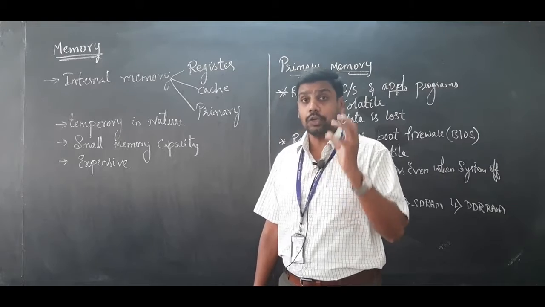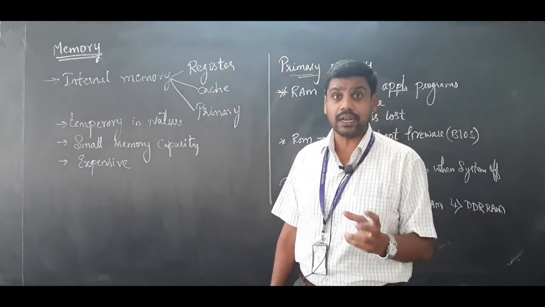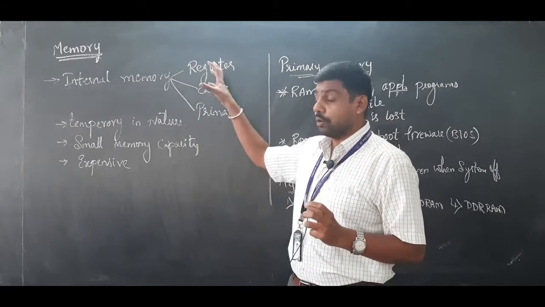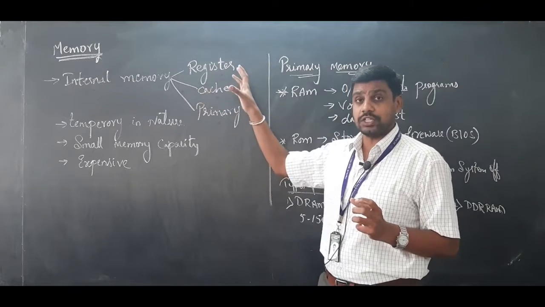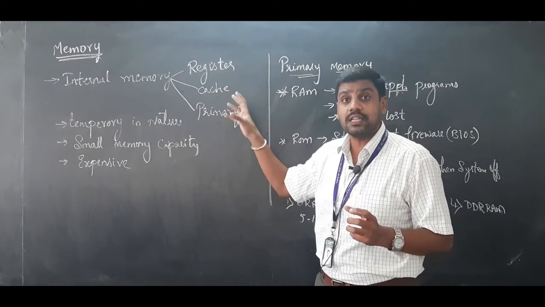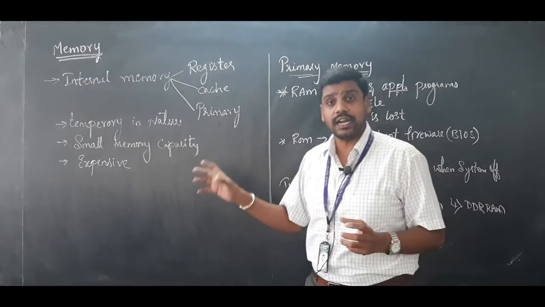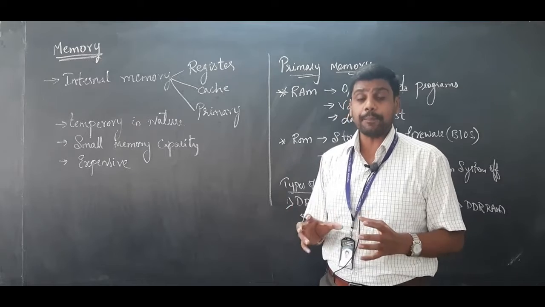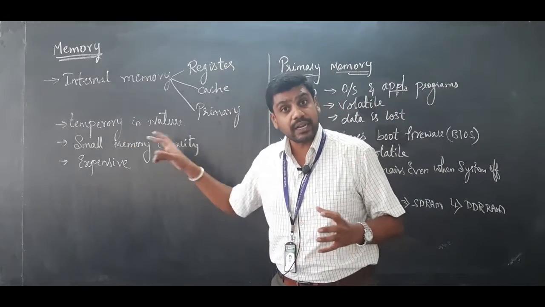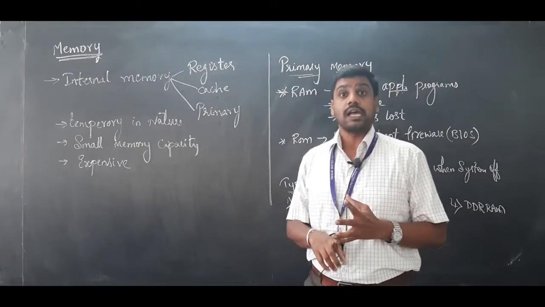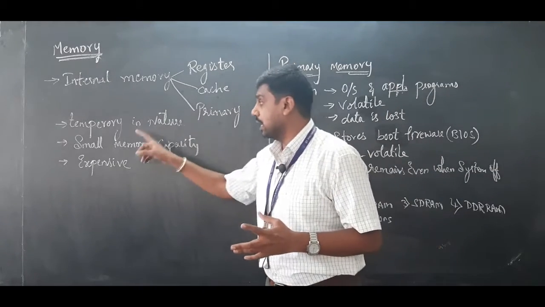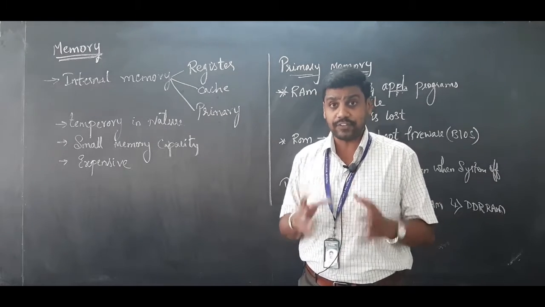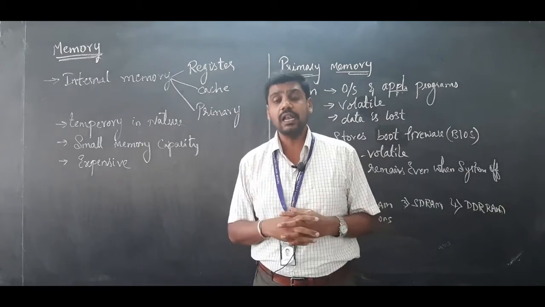They are used to store the data temporarily required by the processor, so that the processor can process the data or instructions very quickly. The features of these three types of internal memories are: temporary in nature, high cost, limited storage and small capacity of storage space.